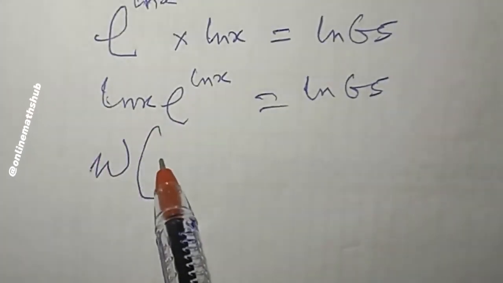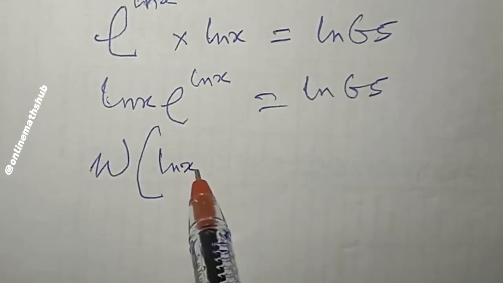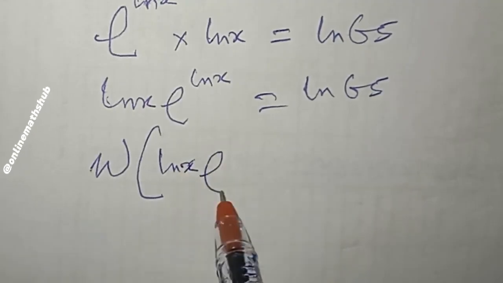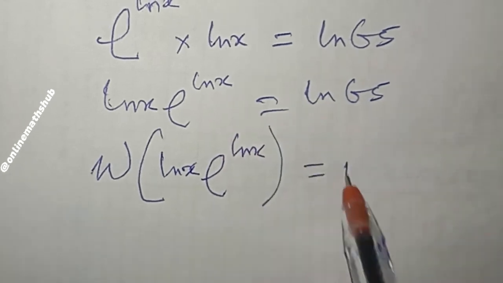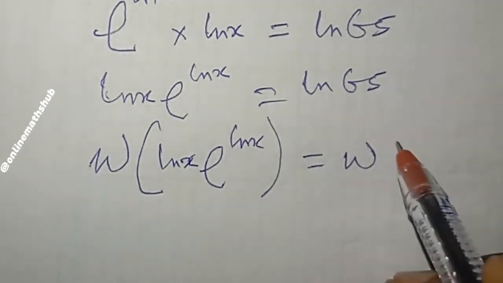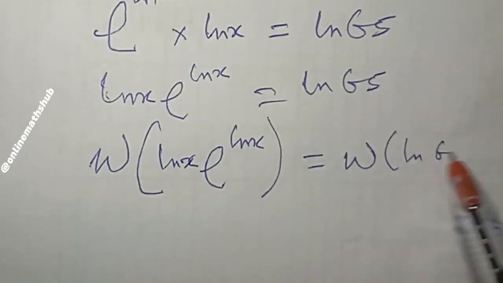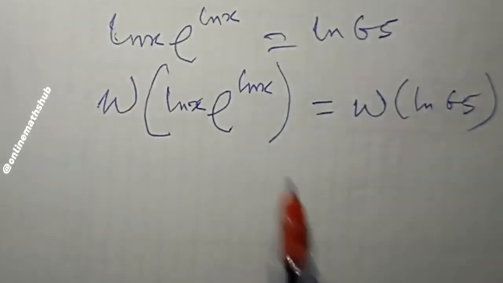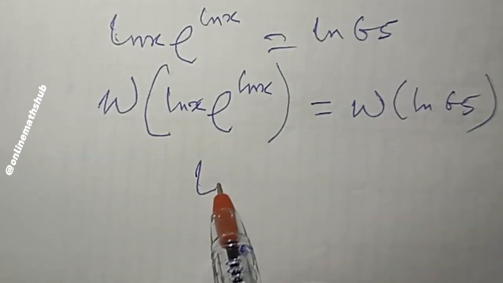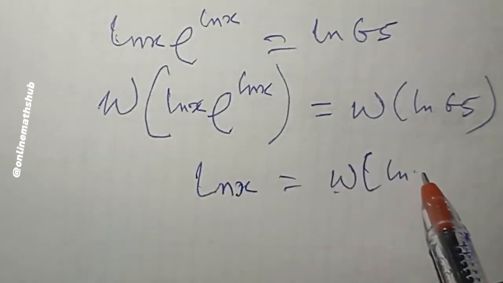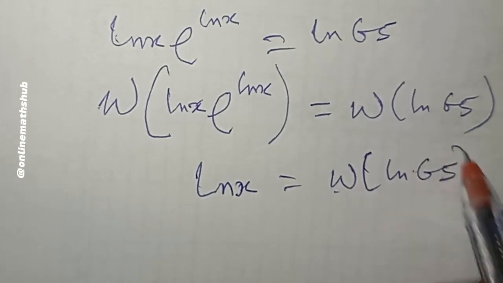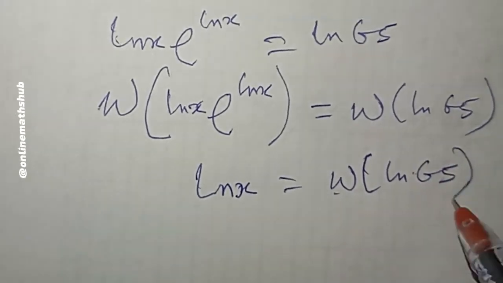So I have Lambert W function of natural log of x exponential natural log of x is equal to the Lambert W function of the natural log of 65. And of course this whole side is going to collapse. The natural log of x is equal to the Lambert W function of natural log of 65.